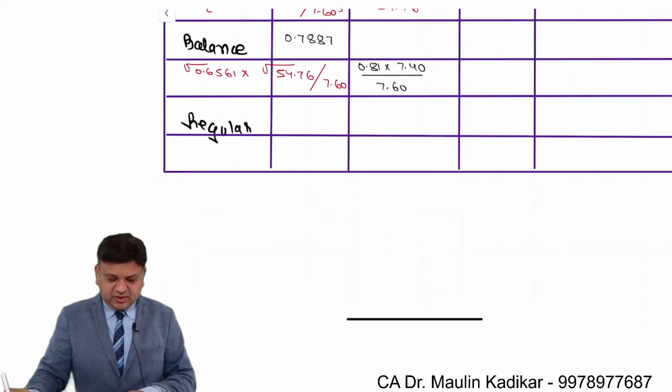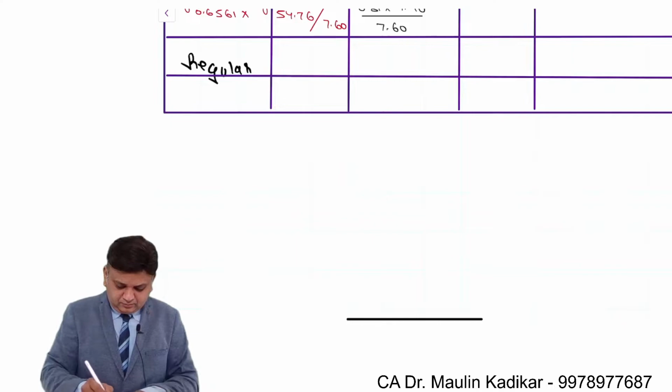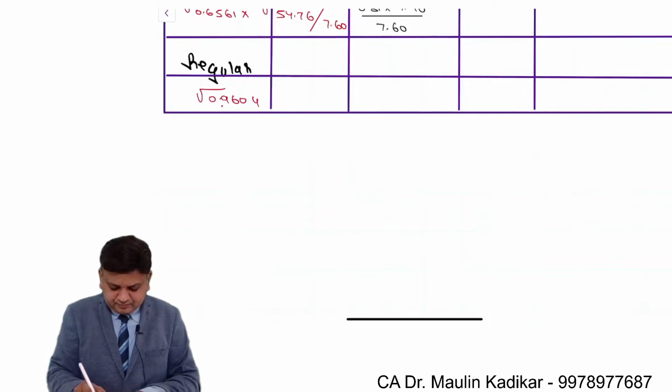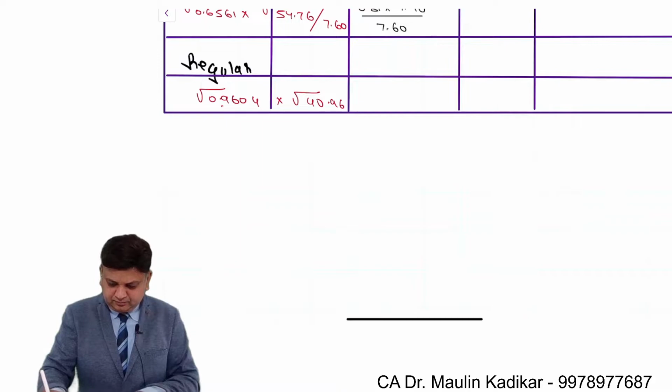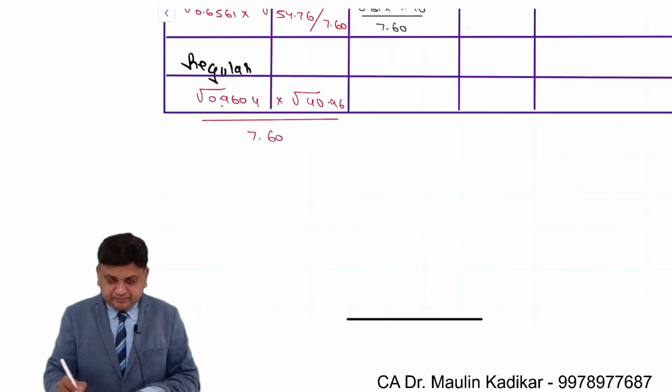That is the way we'll compute the beta for the security. Similarly for the last fund, the regular fund, it is the square root of 0.9604 into the square root of 40.96, divided by 7.6 percentage.